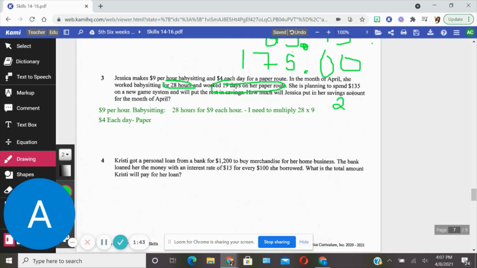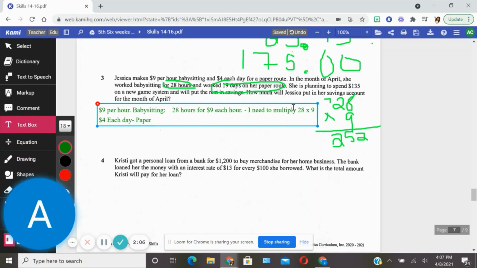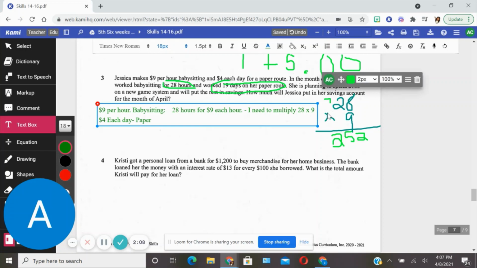So 28 times 9. 9 times 8 is 72, so I put a 2 here, carry the 7. 9 times 2 is 18, 19, 20, 21, 22, 23, 24, 25. So I have 252. So let's continue that in the text box here. This equals 252.